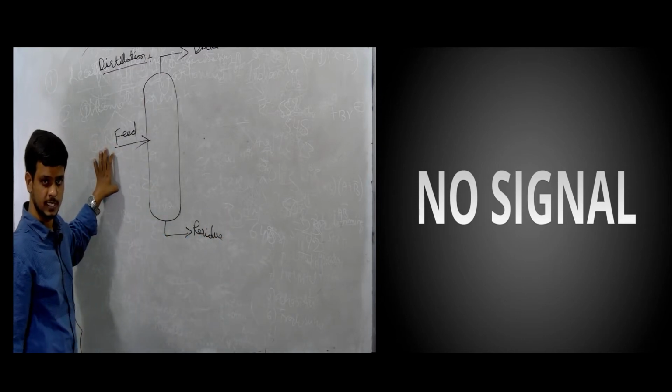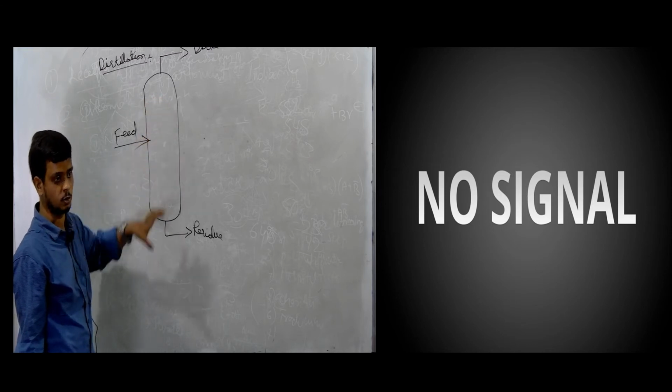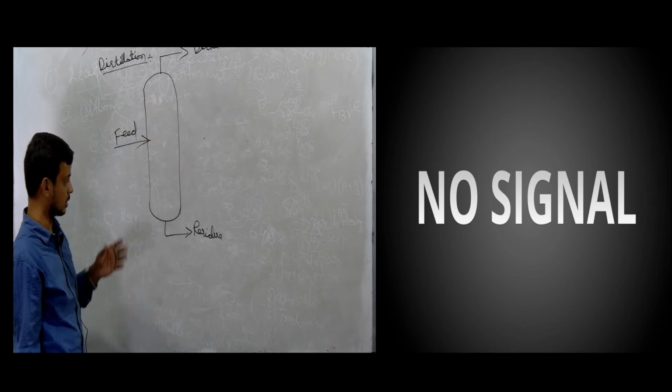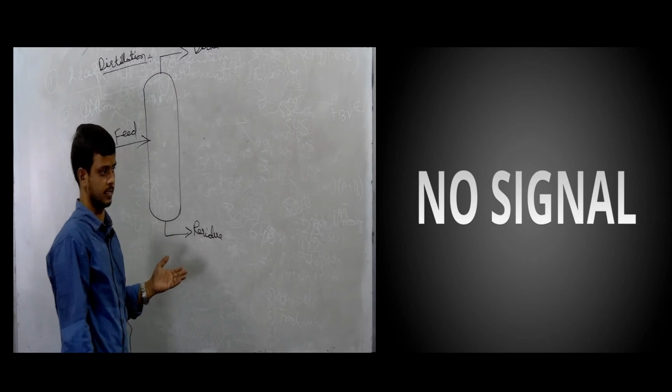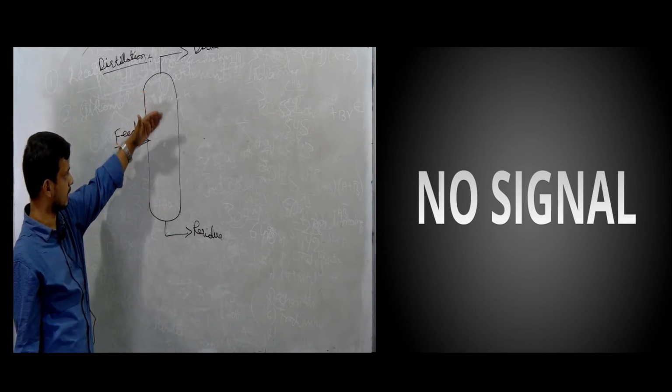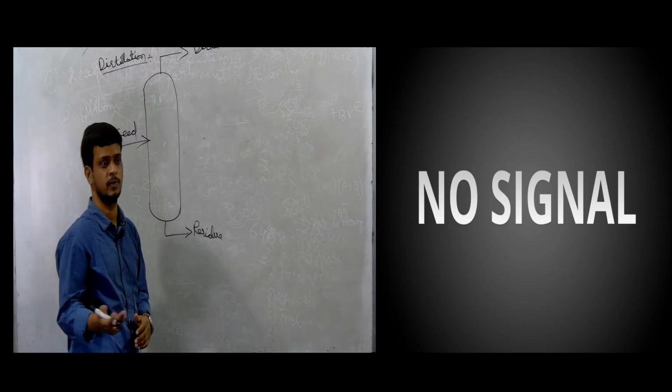One input for the distillation leaves the column as two outputs: the distillate, which we can call the top product, and the residue, which we can call the bottom product. So how will this separation in the column take place? Due to the difference in boiling point or difference in volatility.